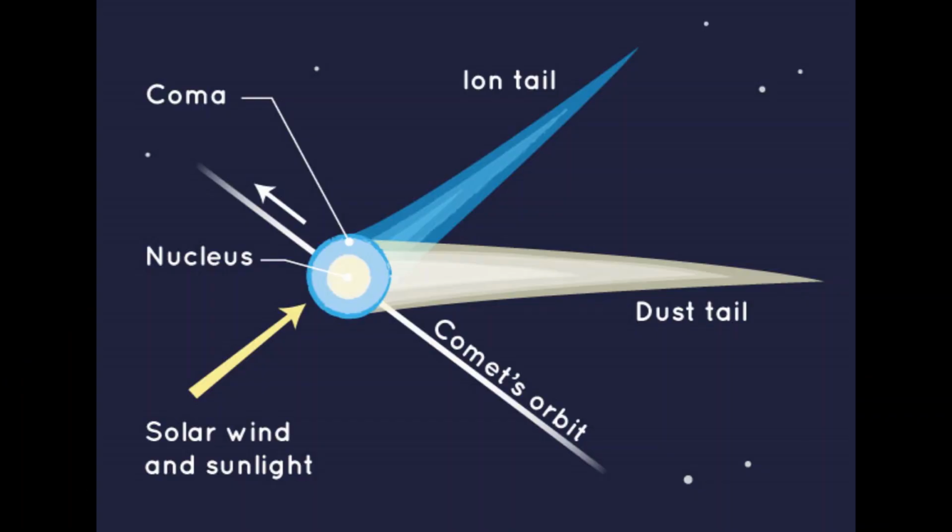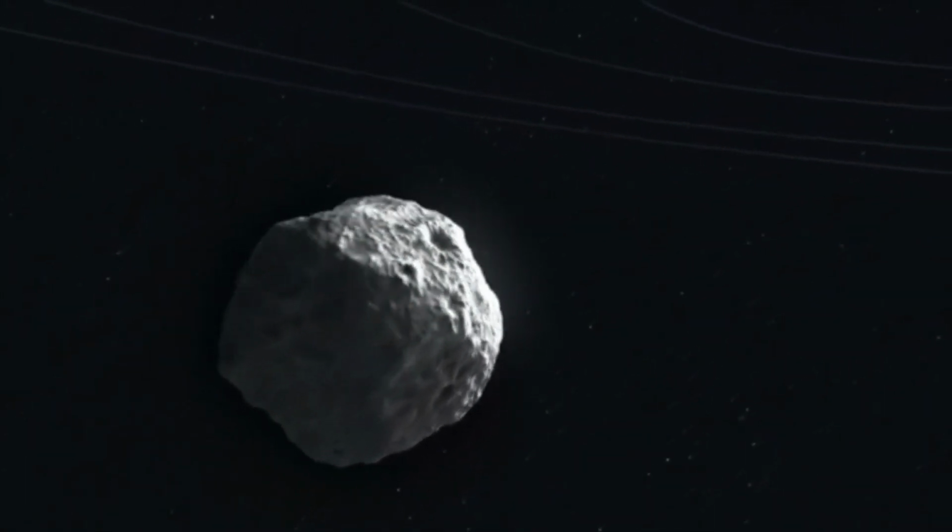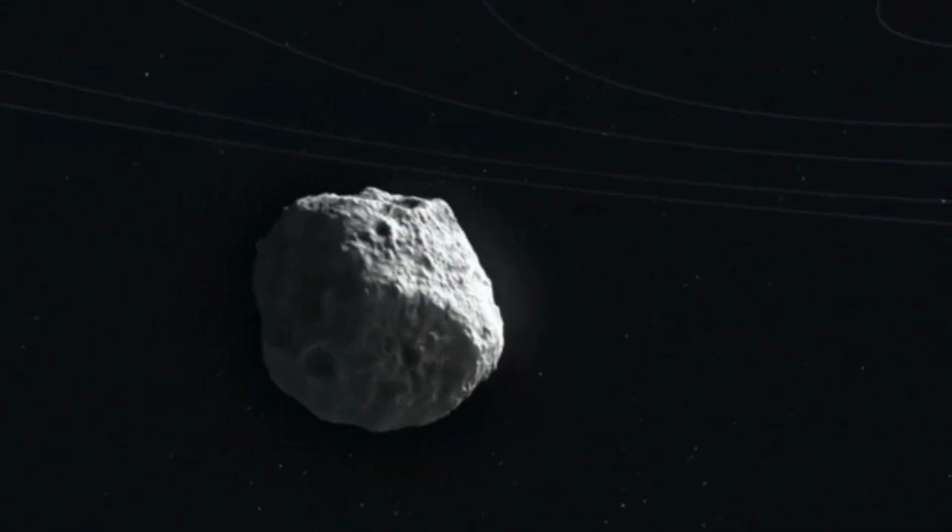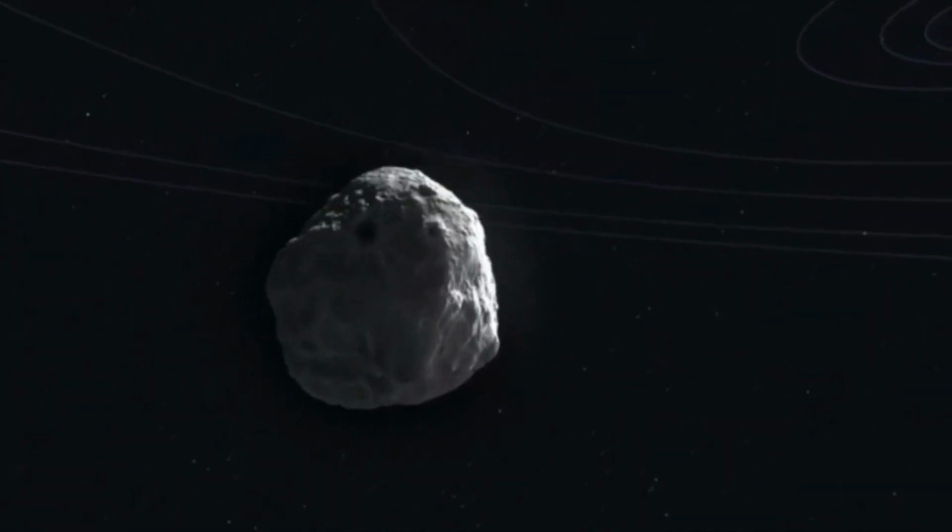The first thing is the nucleus, or core, of the comet. That is the only part of the comet which is purely solid in state. It is made of frozen water, rocks and dust particles. When the comet comes closer to the sun, the heat of the sun makes the icy nucleus sublimate.